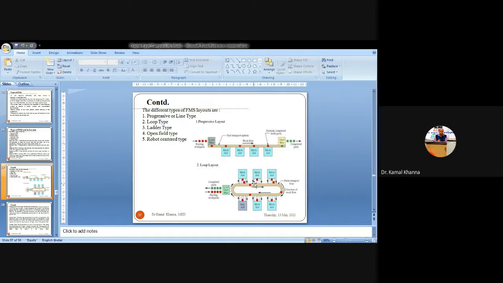You can move the workpiece from one machine to other machines through this loop, and the parts are transferred using a rotating conveyor from one station to the other workstations. The workpiece enters at the same point and leaves at the same point, so you have to install the inspection machines, vision systems or other inspection techniques at the common end also.